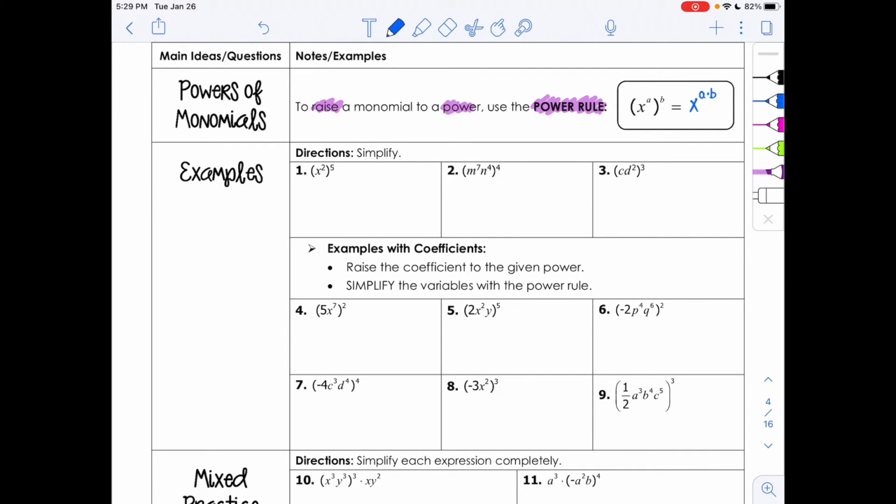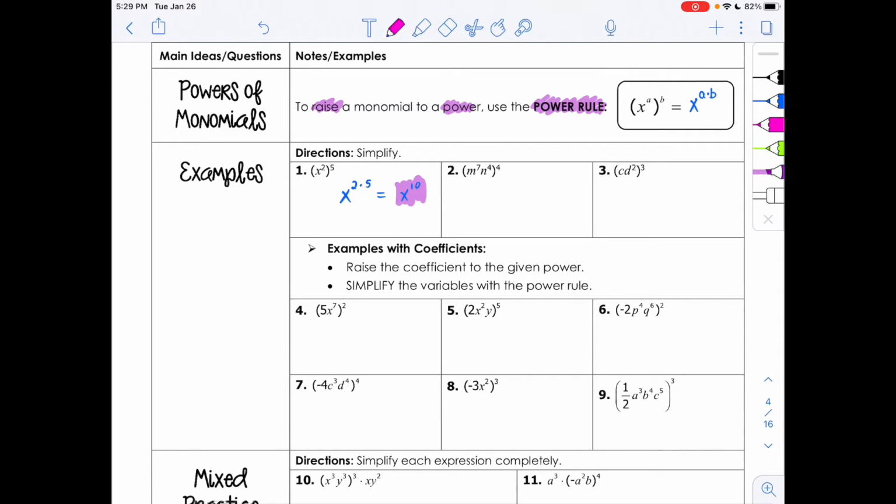So when you take a look at number 1, that base is going to stay the same, X. And then you're going to multiply your two exponents, 2 times 5. So that would be X to the 10th for your final answer. Now in number 2, you have two variables.